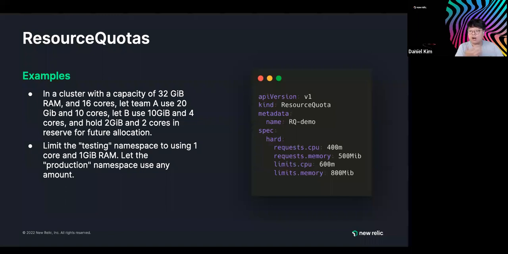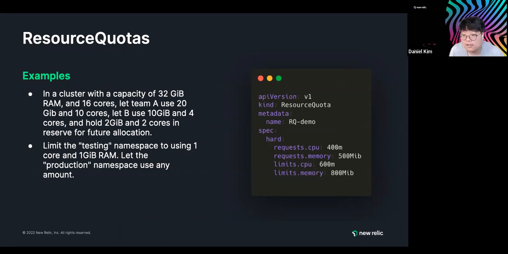So if you have a namespace called development, all of the requests for CPU from all of the pods that are being defined under this namespace need to have a request value of less than 400 millicores. Request memory is the same thing, but for memory, not CPU. Limit CPU is basically the same thing as request CPU, but for the limit, and et cetera, et cetera.